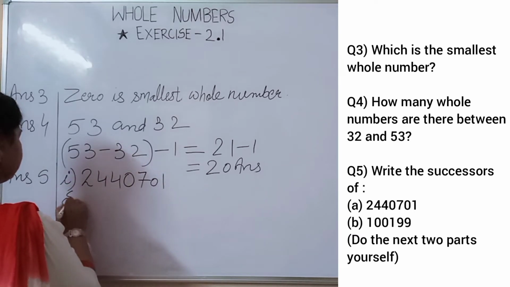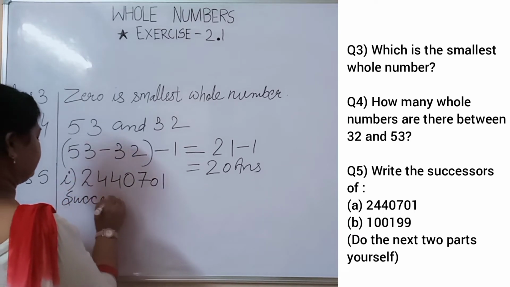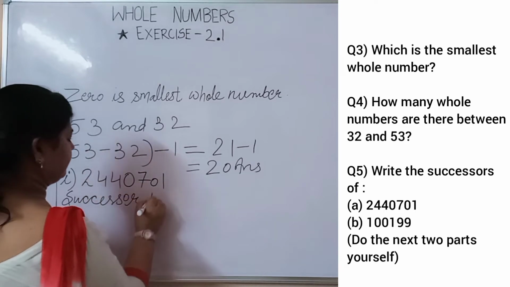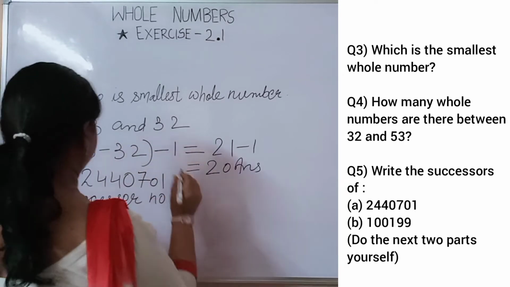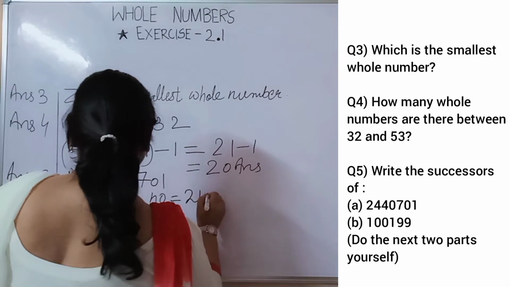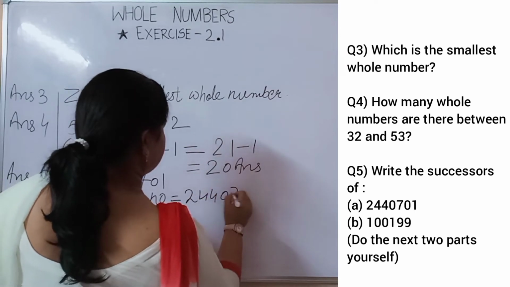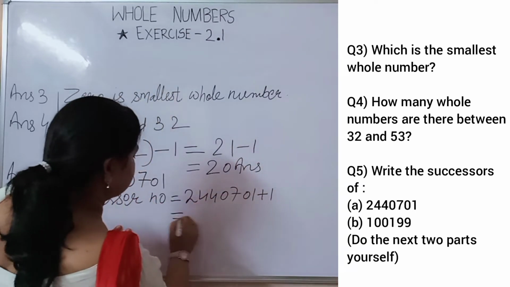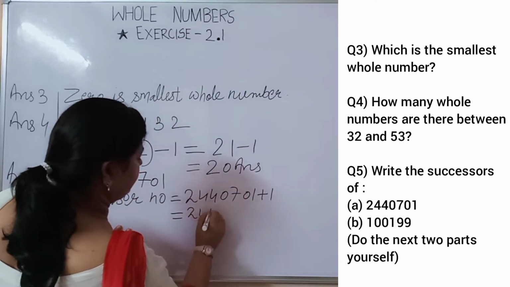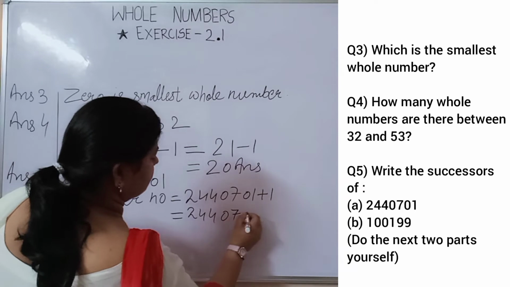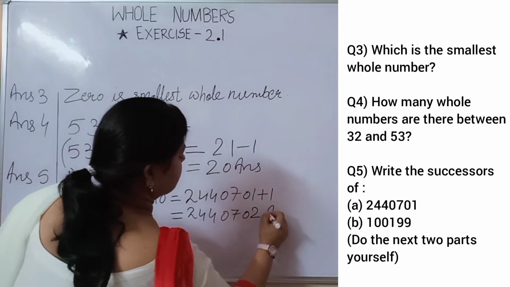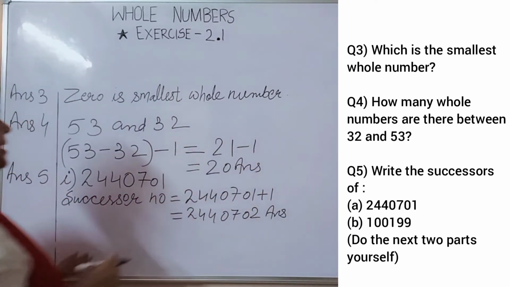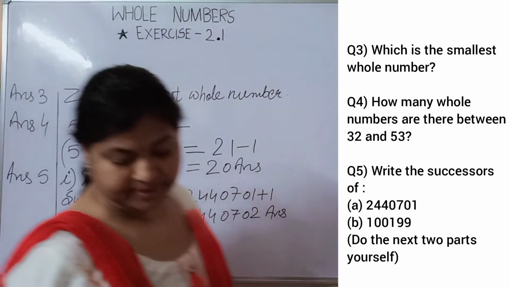So the successor number is 2440701 plus 1. So we get 244702. This is the answer. Simply you have to add 1 to find the successor number.